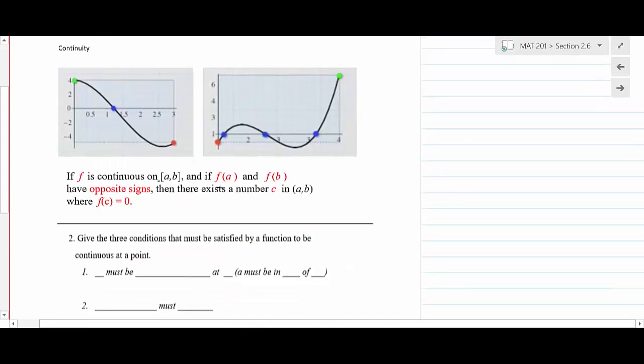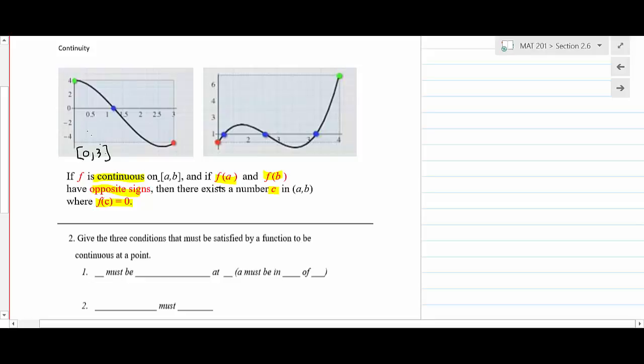Okay, and then we have a consequence of this that says if f is continuous on [a, b], and f of a and f of b have opposite signs, then there has to exist a number c in a and b such that f of c equals 0. Like in this particular problem, the interval would be from 0 to 3.